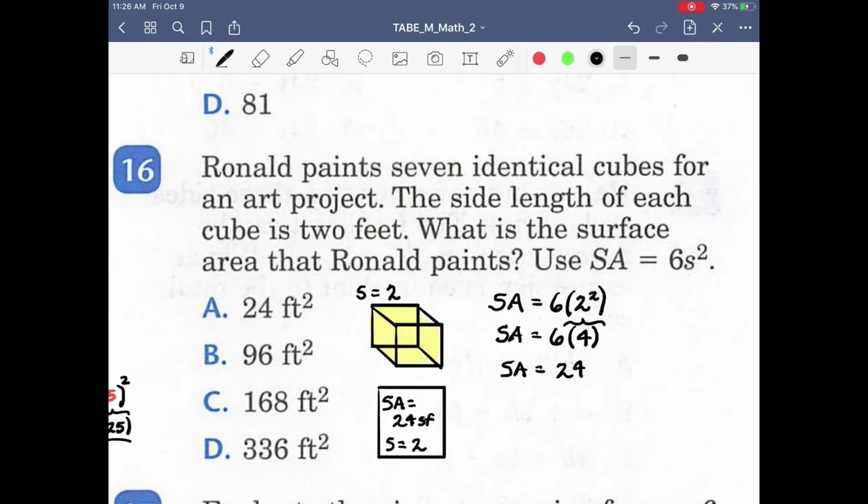Now be careful. We do not want A, because this variable box is for 1 cube. We need to take the 24 times 7, because he has to paint 7 of these, to get 168 square feet. They want to know the surface area of 7 of the cubes.